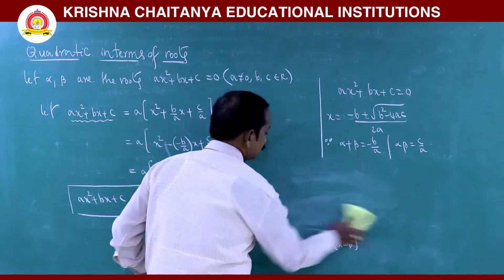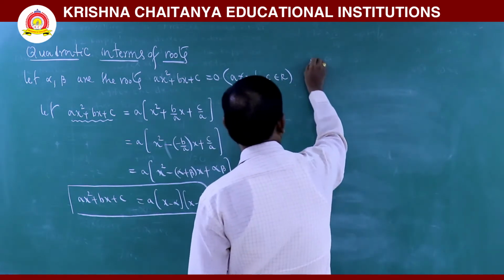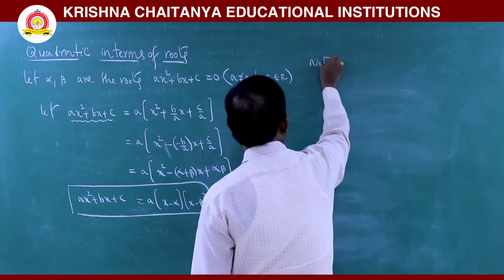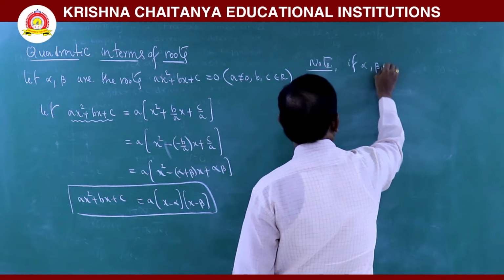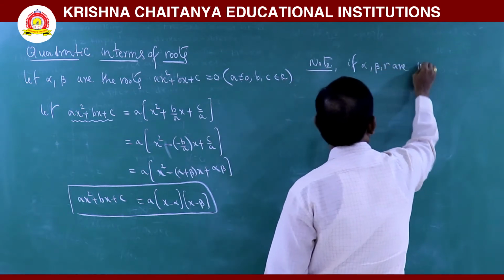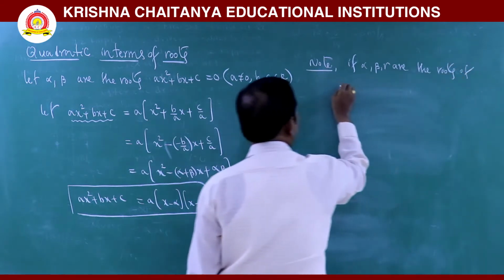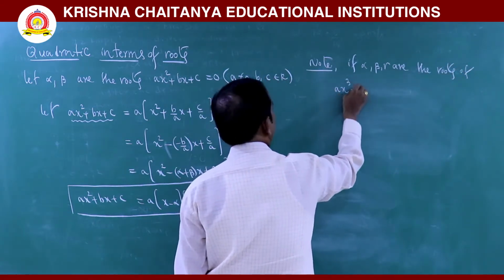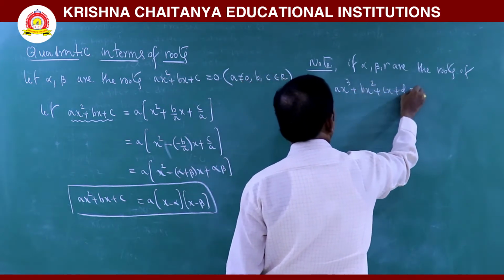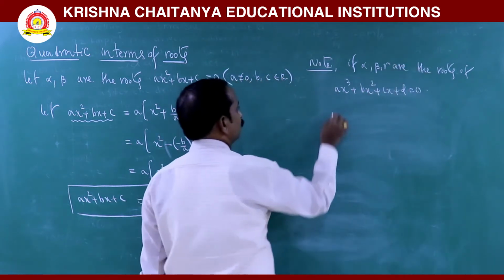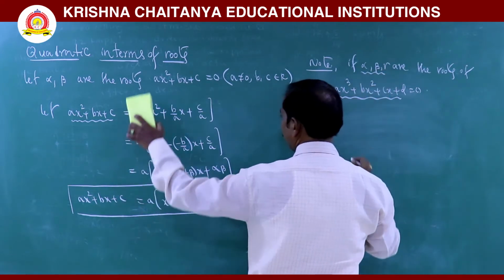Like if alpha, beta, gamma are the roots of the cubic polynomial a into x cube plus b into x square plus cx plus d is equal to 0, now we can express this cubic polynomial in terms of roots, same procedure.